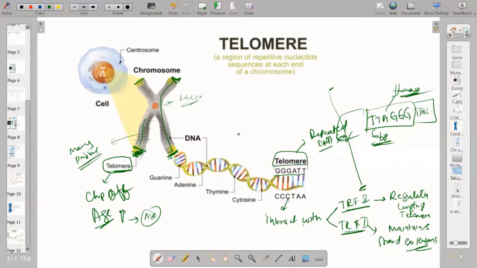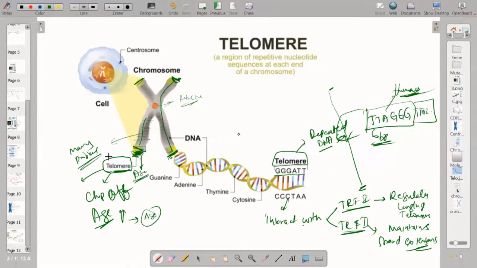A lot of research is being done on how to ensure that the telomeres stay intact. That's the secret for staying healthy even as you age.